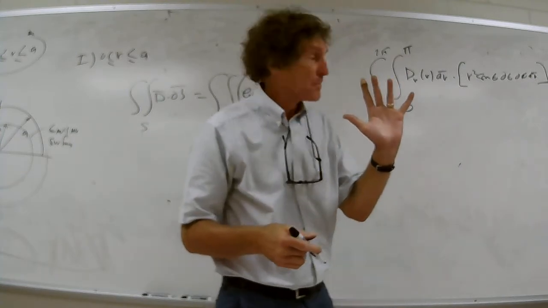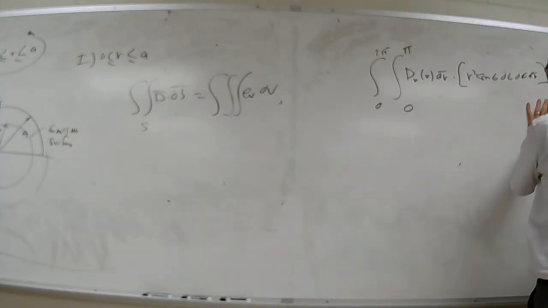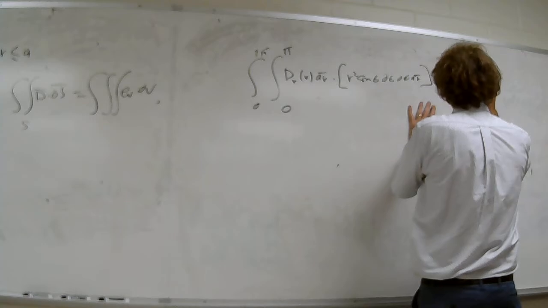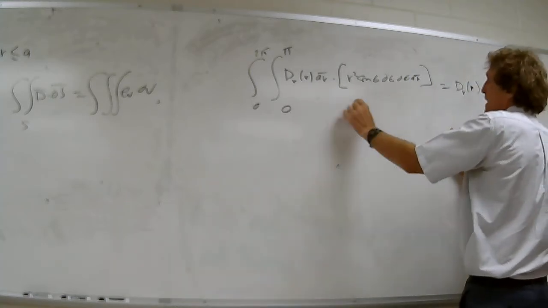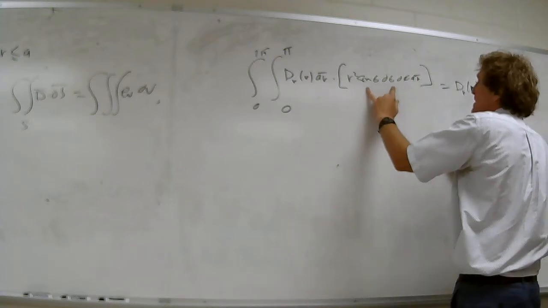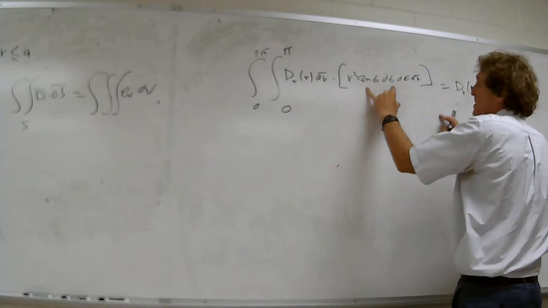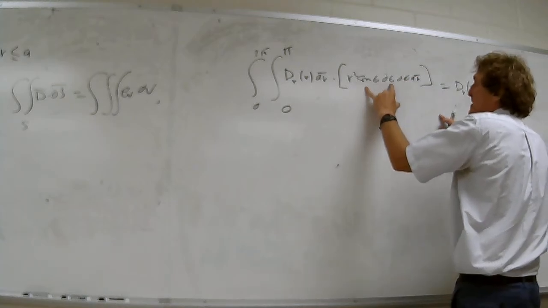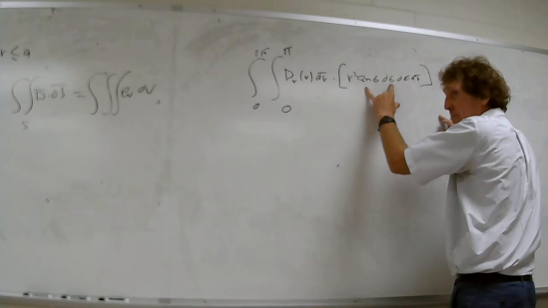When you do the dot product and the integration, D of r comes out in front, and a r dot a r is 1. Then I integrate sine theta d theta, and r squared comes out in front too, because there is no dr term. The integral of sine theta d theta is minus cosine of theta, correct?